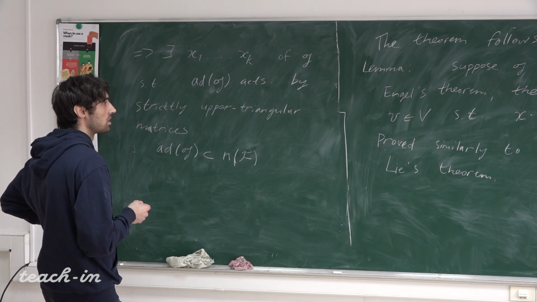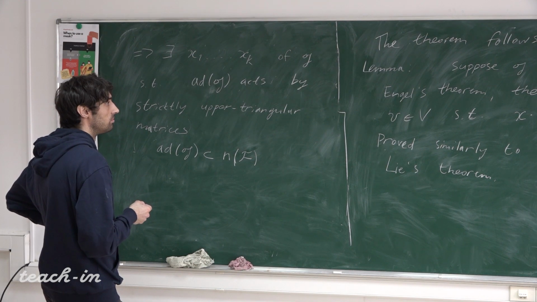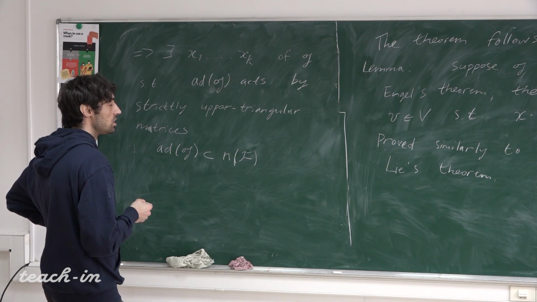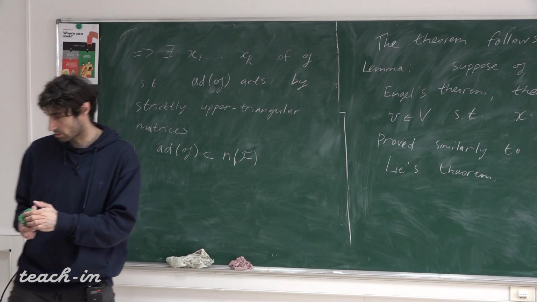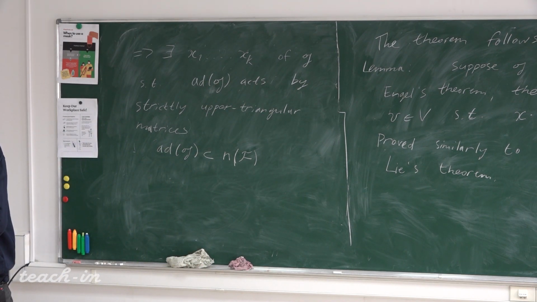I'm proving that g is nilpotent, how to do it in a short way.